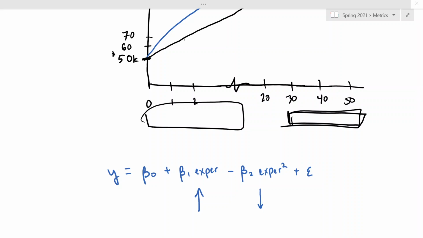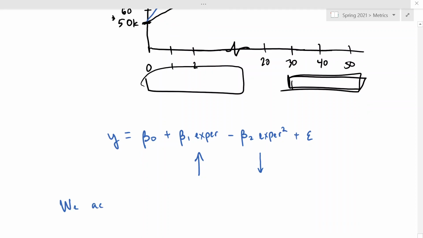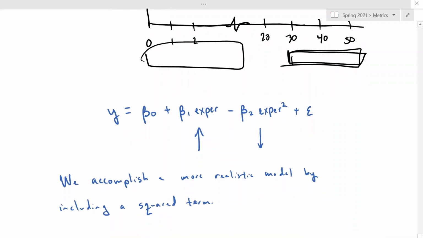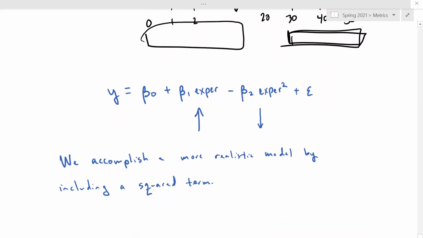And so the way that we accomplish a more realistic model is by including a squared term. Okay, so this is going to be more realistic.